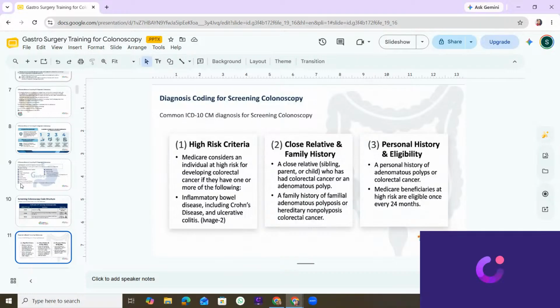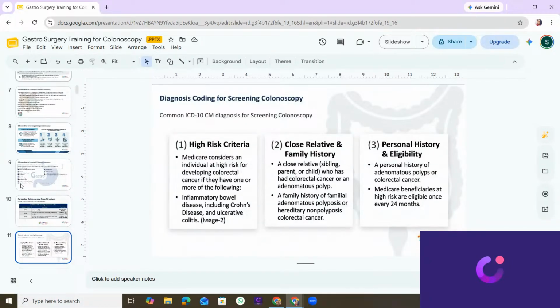Please remember adenomatous polyps, as there are chances of cancer-related polyps, right? A family history of familial adenomatous polyposis or hereditary non-polyposis colorectal cancer. If these kinds of diseases occur in your family, it comes under close relative family history.